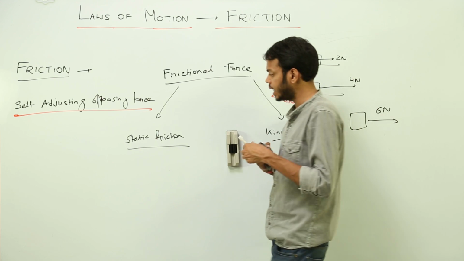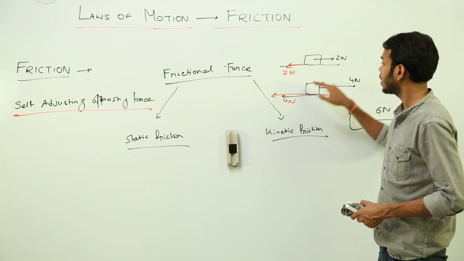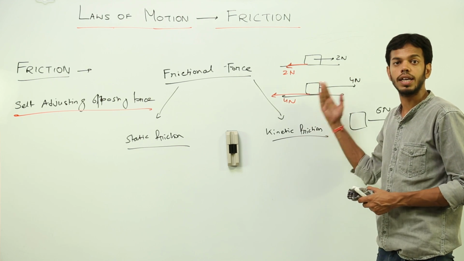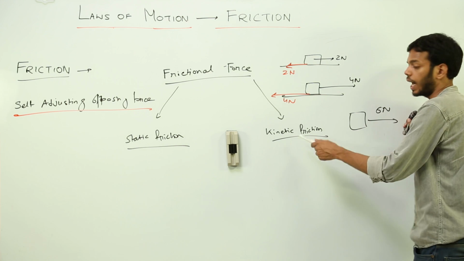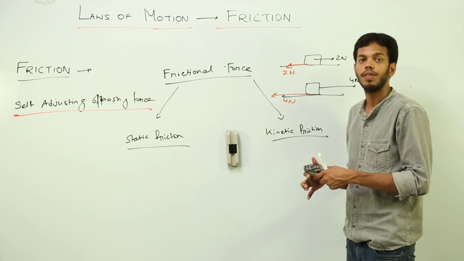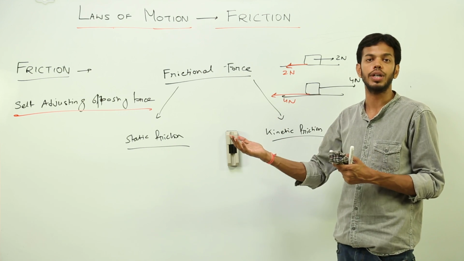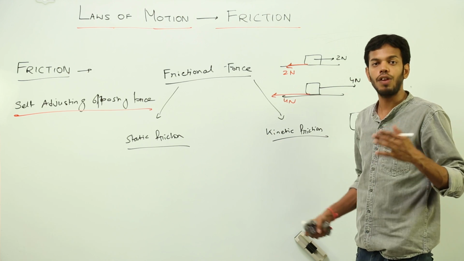So this is called static friction. It is the frictional force which comes into play when one body tries to move another surface but it is not actually moving. And the second part is kinetic friction. It is that part of friction which comes into play when one body is moving over another body. So what is the limit of static friction? There will be a value, right?